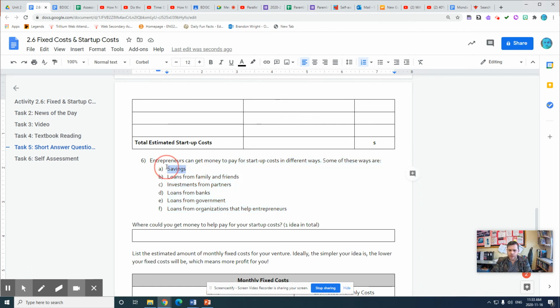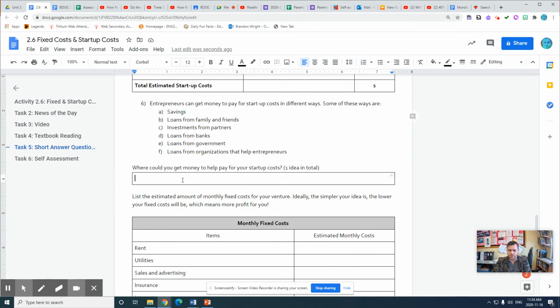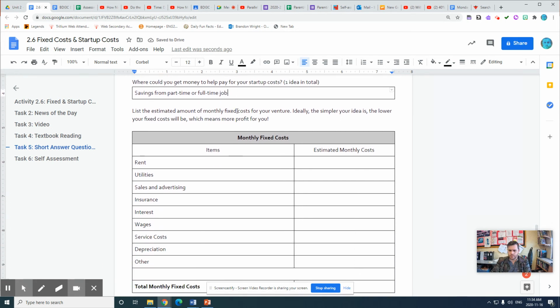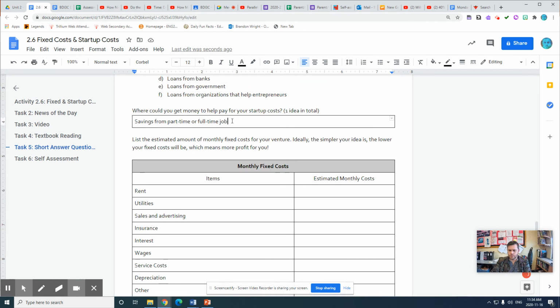So hopefully you'll be able to pay for your startup costs just using savings alone. So you can put in savings from, say, a part-time or full-time job. Okay, so that's pretty straightforward.